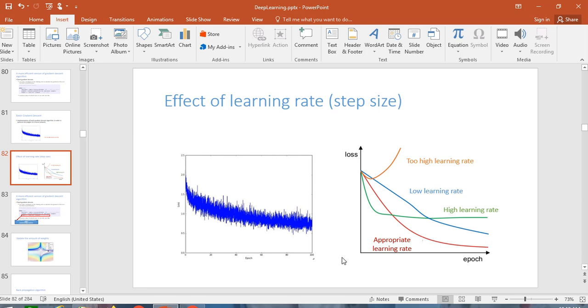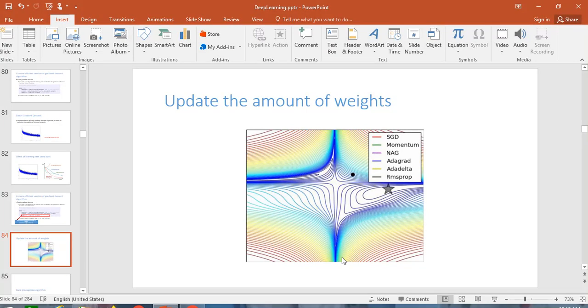This is the most important artificial intelligence, machine learning, deep learning algorithm. Generalized methods are one of these algorithms. Here we see the shape of the contour of a function.